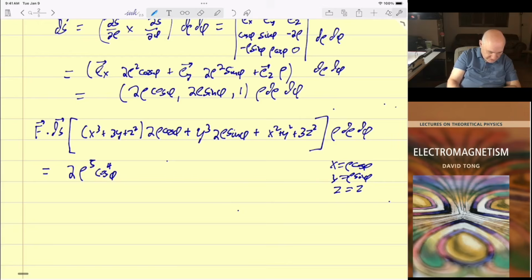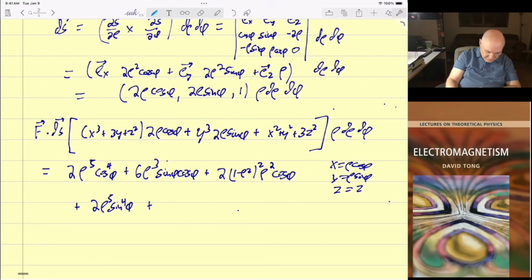Cosine to the 4th phi plus 6 rho cubed sine phi cosine phi plus 2 times 1 minus rho squared rho squared cosine phi, plus 2 rho to the 5th sine to the 4th phi plus rho cubed plus 3 times 1 minus rho squared, times rho. Remember, I wrote z equals z, but we're on the surface, so z is actually 1 minus rho squared.